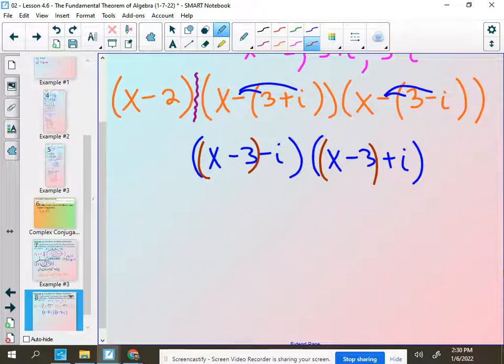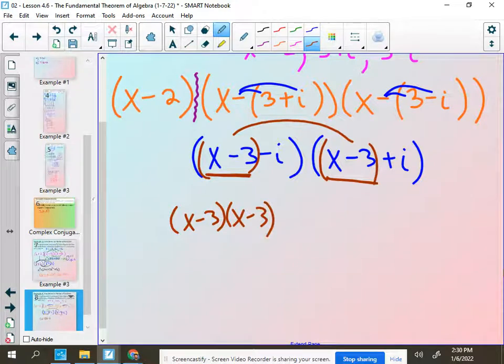So I really only end up multiplying this thing times this thing. Let me color code it. Maybe that'll make it stand out. So that times that, which, okay, yeah, that's still not great. x minus 3 times x minus 3. I'm going to have to FOIL that.